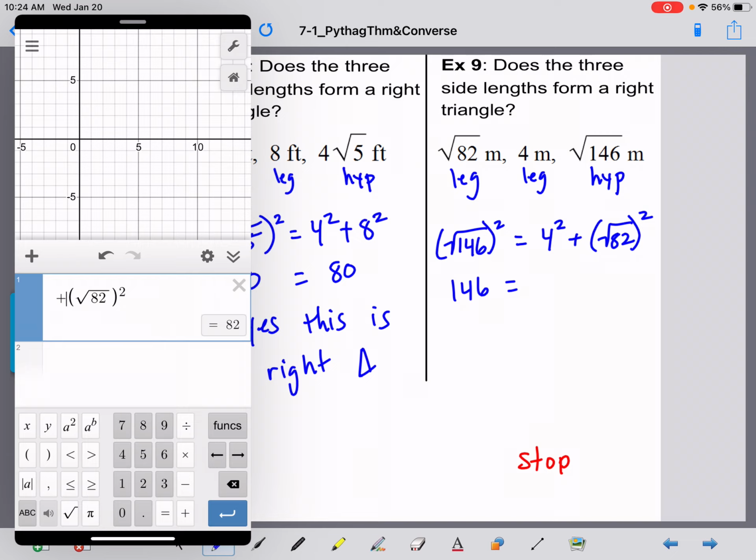Plus. Oh, I don't really need to use that. I could, but I don't need to. 98. So no, not a right triangle.